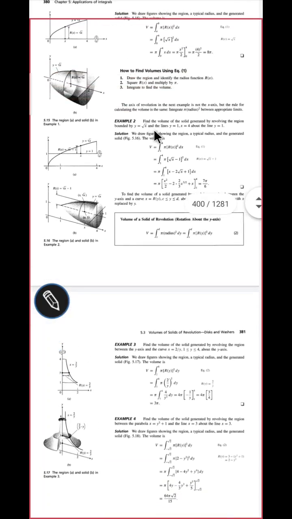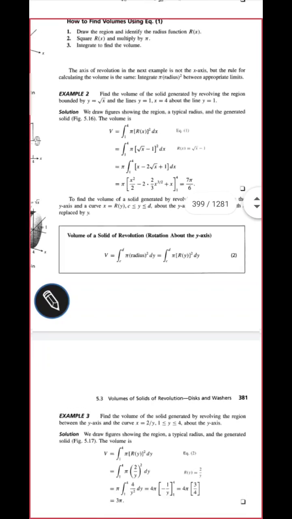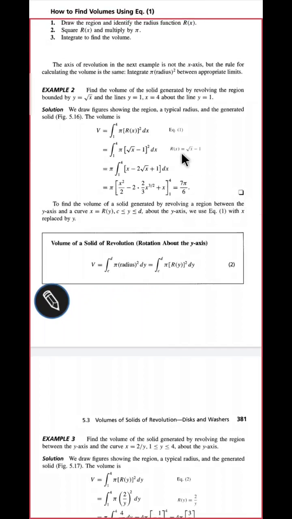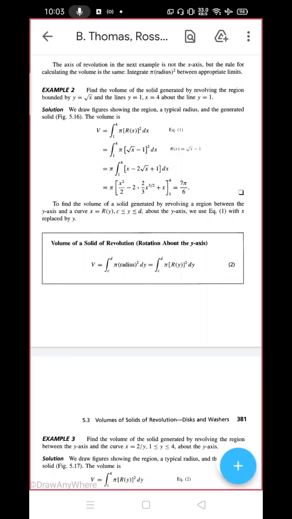Let us see one example. Can you see properly? Yeah. Find the volume of the solid generated by revolving the region y equal to root x and the line y equal to 1, about the line y is equal to 1. About the line y is equal to 1, that means what? Which line is this?